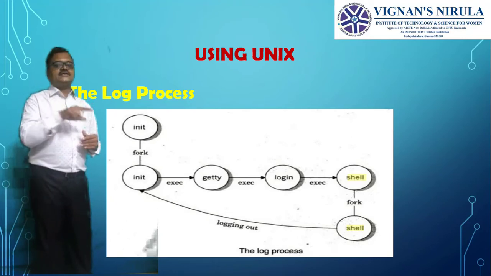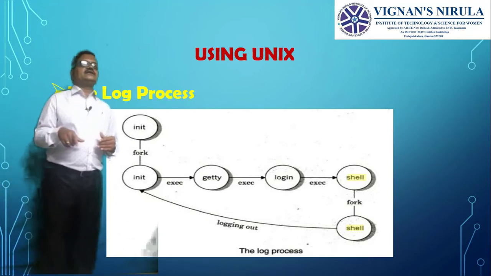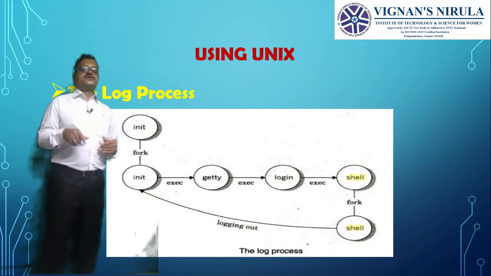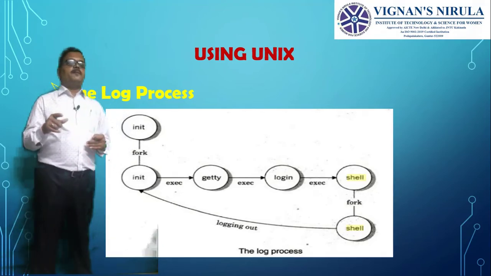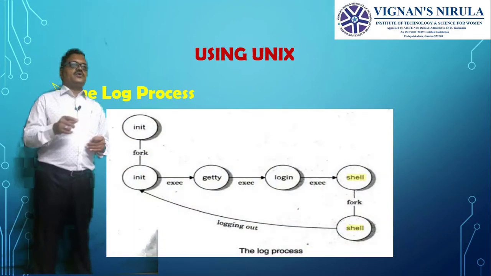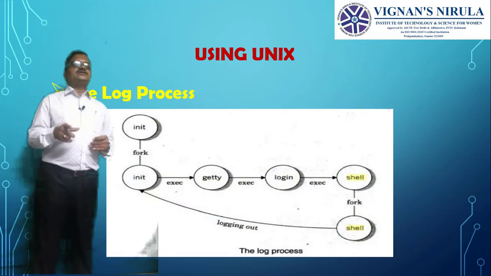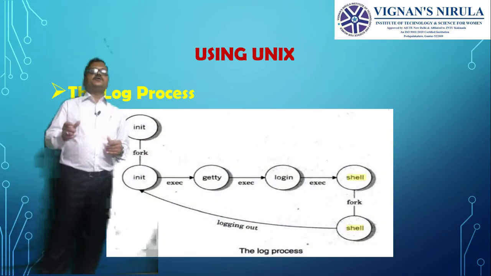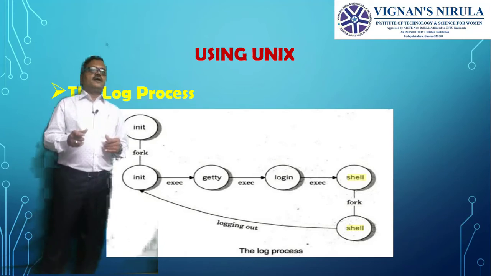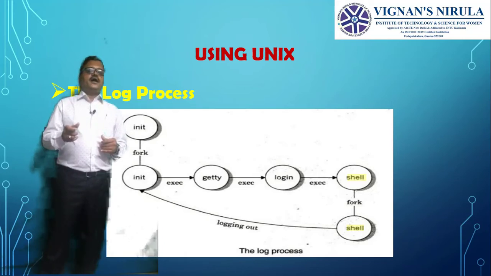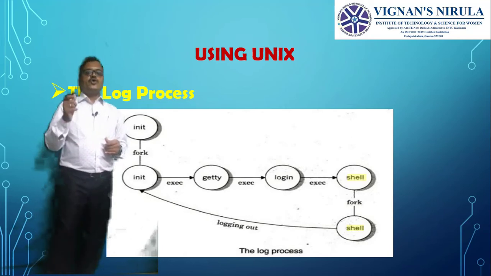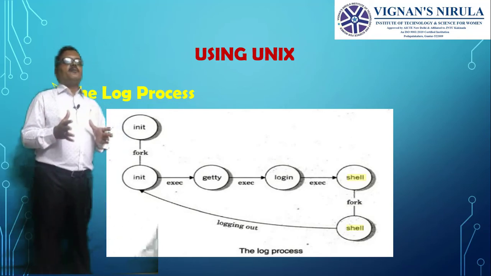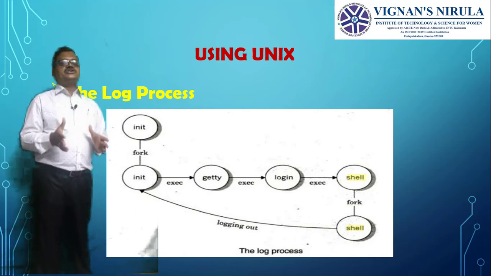Every user has a line in the /etc/passwd file. This file contains several lines, where each line contains information about the user, like his name, his roll number, his username, his password, and his home directory. This is the basic information present on each line of the password file.